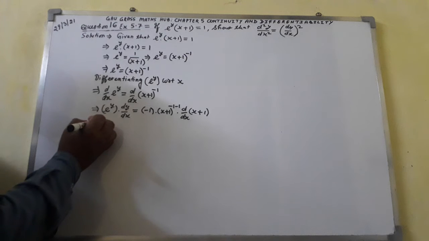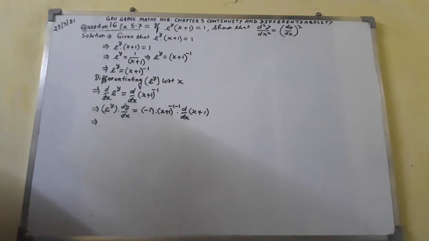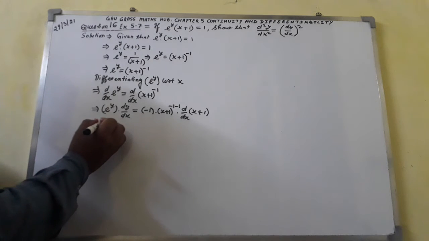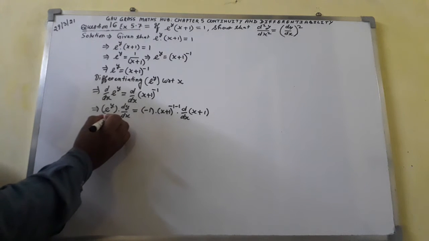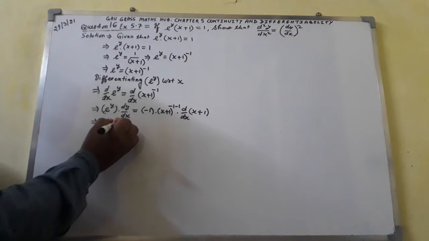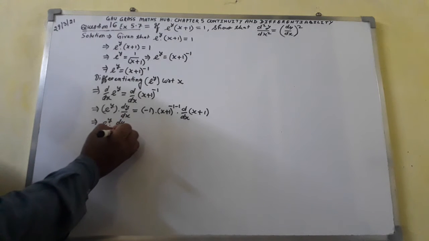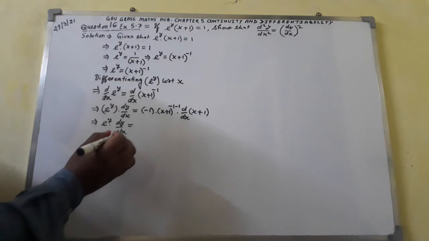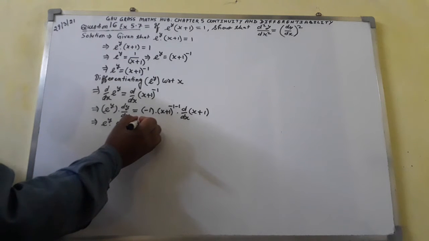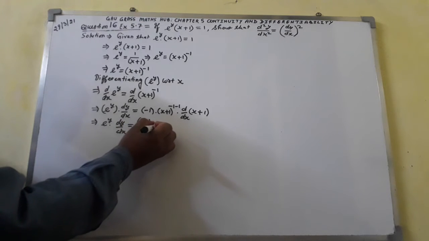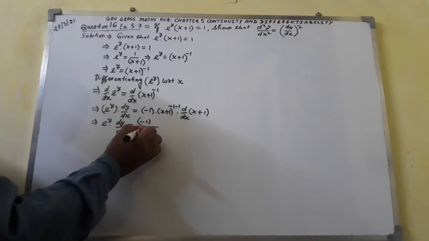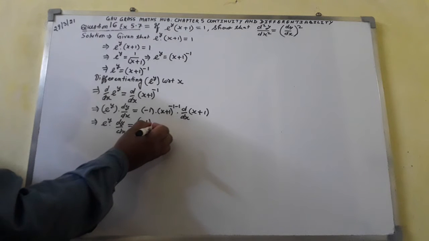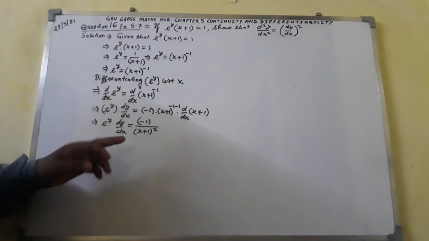Implies that e raised to the power y times dy over dx equals minus 1 over (x plus 1) the whole square we shall get.